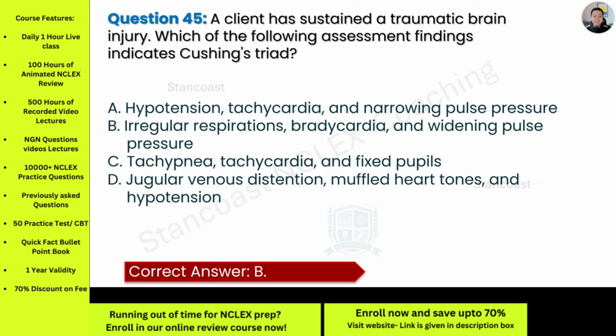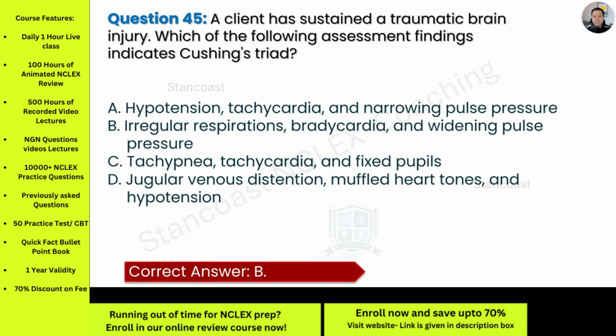For letter D, we have here the jugular venous distension, muffled heart sounds, and hypotension. These are what we call the components of Beck's triad associated with cardiac tamponade and not related to increasing ICP. Now you have to really understand and recall the different triads or syndromes here.